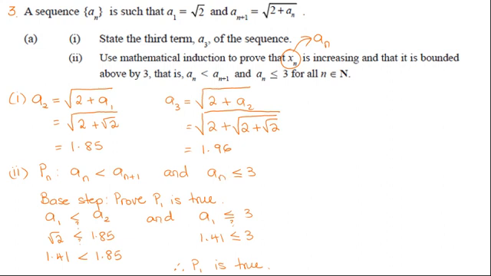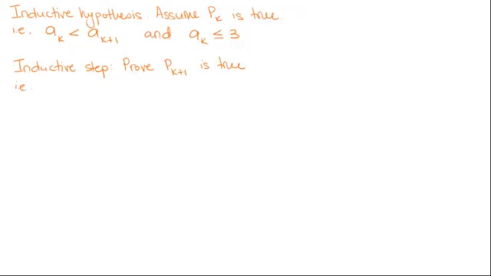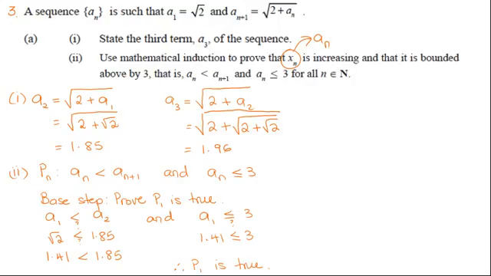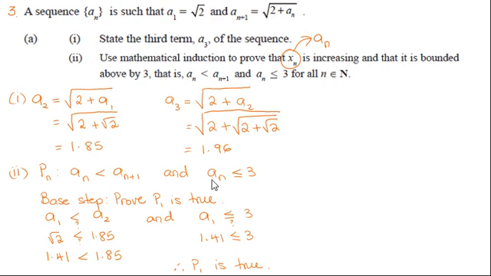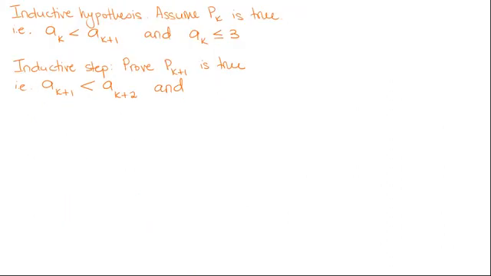So we're going to have a_(k+1) is less than a_(k+1+1), which is k plus 2, and a_(k+1) is less than or equal to 3. That is what we want to show.